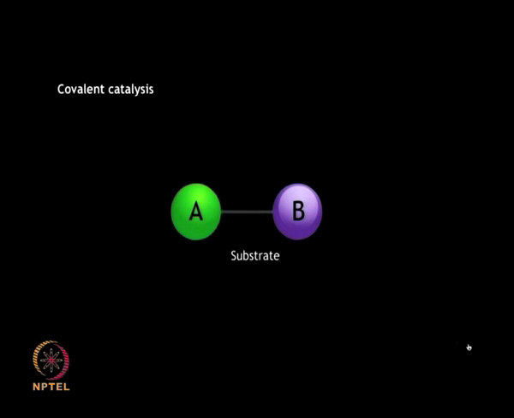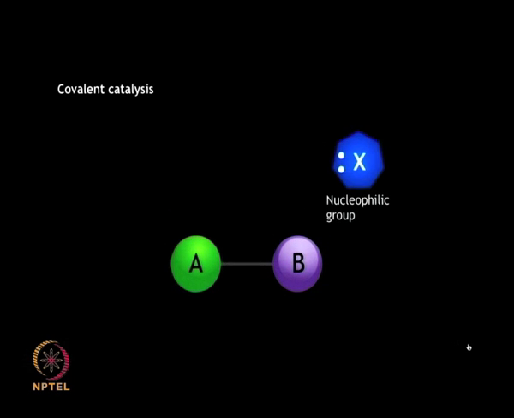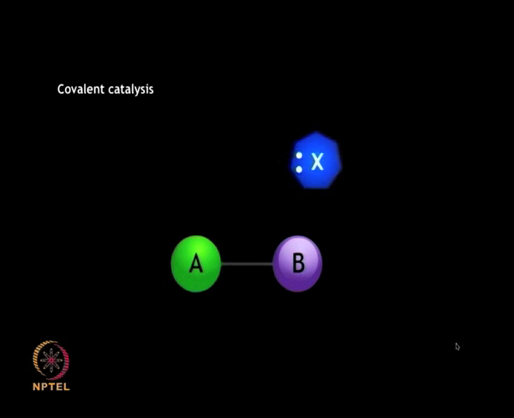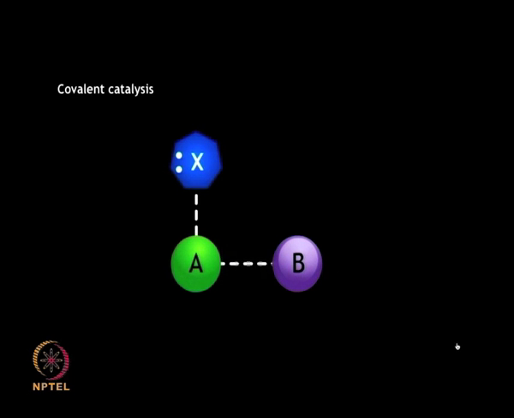Covalent catalysis involves the formation of a transient covalent bond between the nucleophile present in the enzyme and the substrate molecule. Formation of this bond provides an alternative reaction pathway that has lower activation energy than the uncatalyzed reaction.